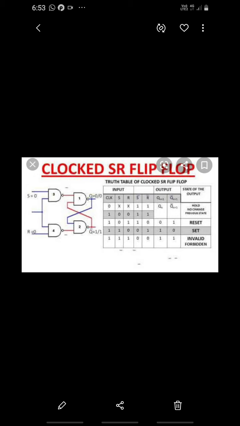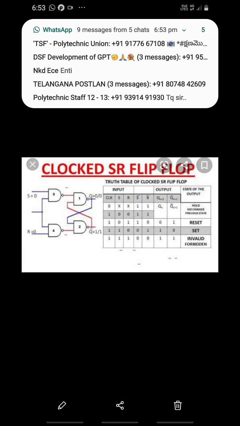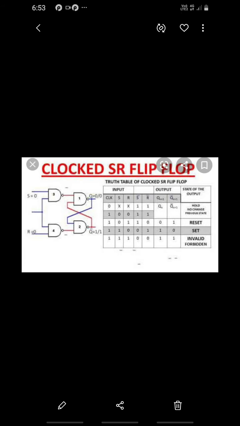Next, if S is equal to 0 and R is equal to 1, then S bar is equal to 1 and R bar is equal to 0. With these inputs, the latch is reset to 0 irrespective of its previous state.